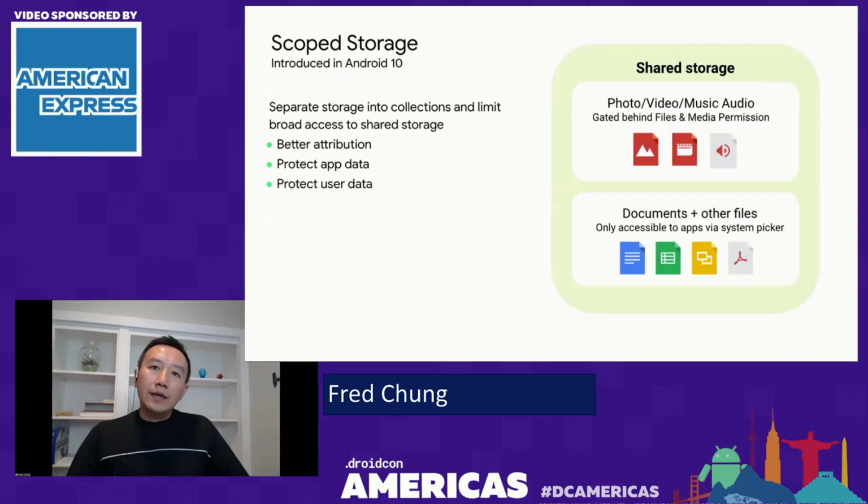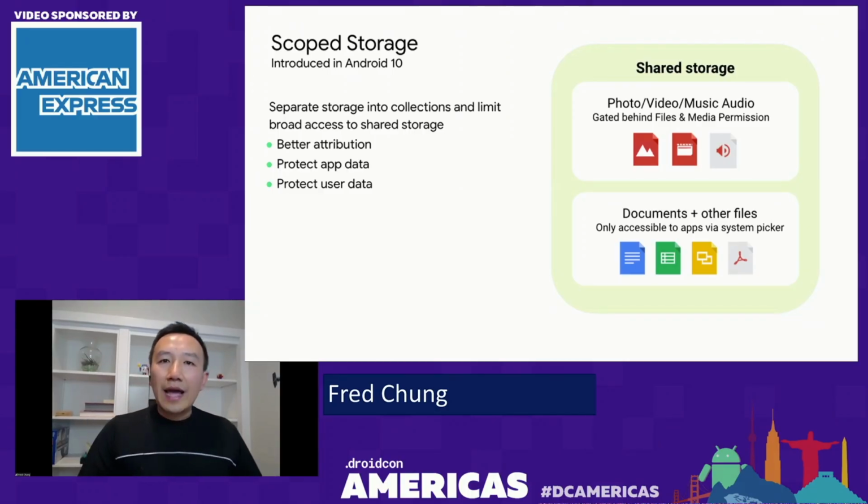In order to better scope external storage access, we changed this by adding a distinction between media files and other documents. Rather than apps gaining access to the entire external storage, they now only have access to media files. And then there are separate collections for documents as well as downloads.